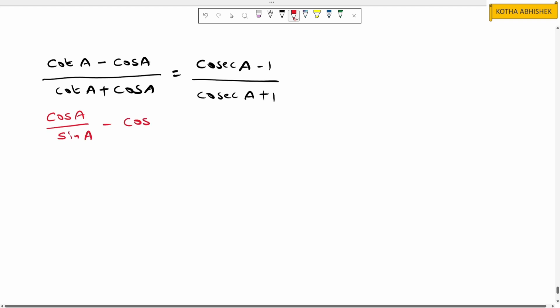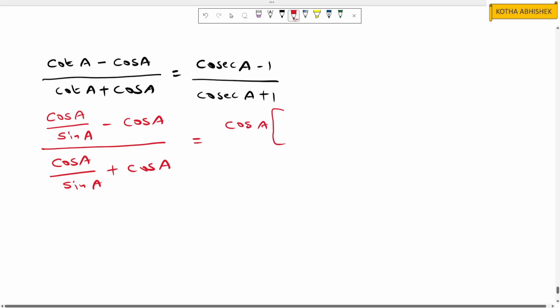minus cos A as it is, whole divided by the same cot A, I am writing it as cos A by sin A plus cos A as it is, which is equal to, now from the first term and the second term we can take out cos A common. So if we take out cos A common, observe this clearly.